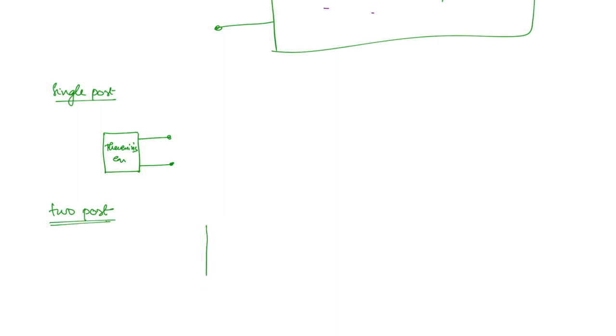So what happens here is you have a network. On one side there will be one port, and on the other side we will take another port, and often we name them as input port and the output port. So you can write here input port, and this we take as the output port.